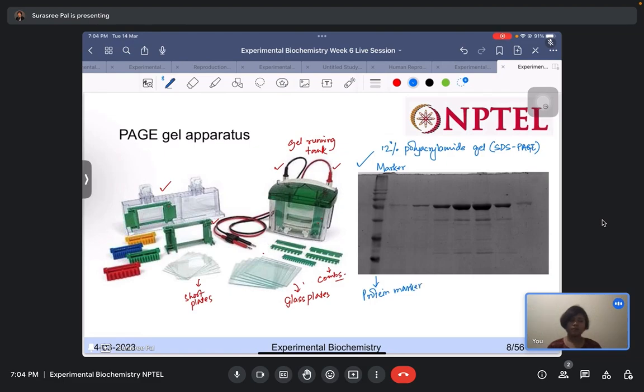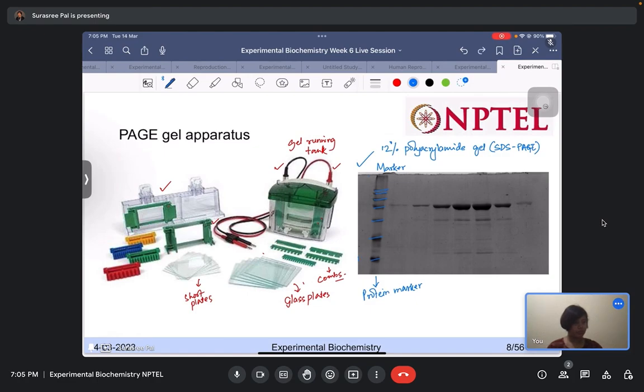It is a mixture of proteins of known molecular weights, so that when this marker is run on the gel, we can see these bands and we know the molecular weight of these bands.